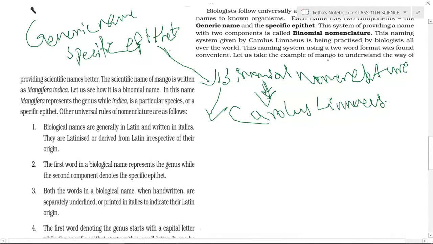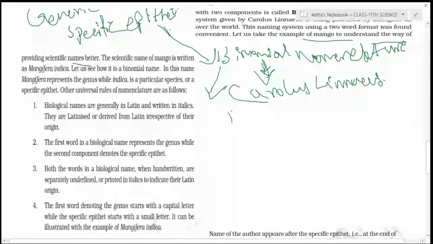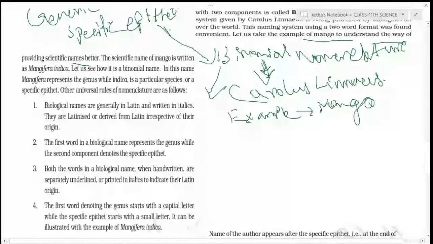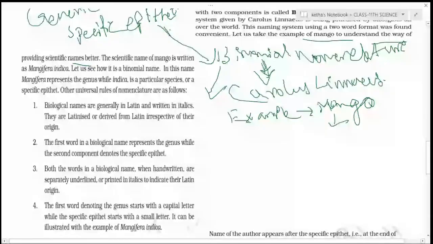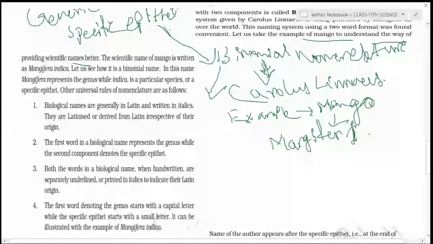Let us take the example of mango to understand the way of providing scientific names better. Carolus Linnaeus took the mango species and gave it a scientific name. The scientific name of mango is written as Mangifera indica, with a small letter i for indica.